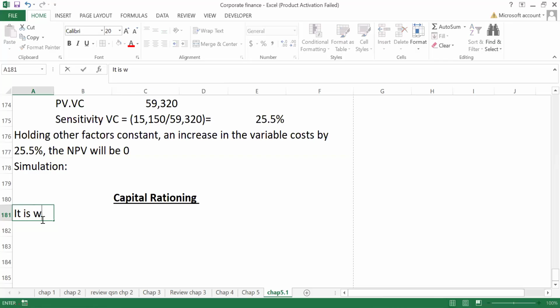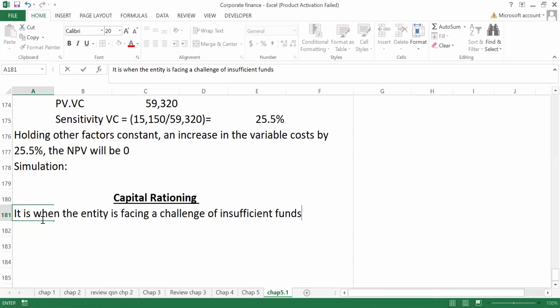It is when the entity is facing a challenge of insufficient finance for its projects.